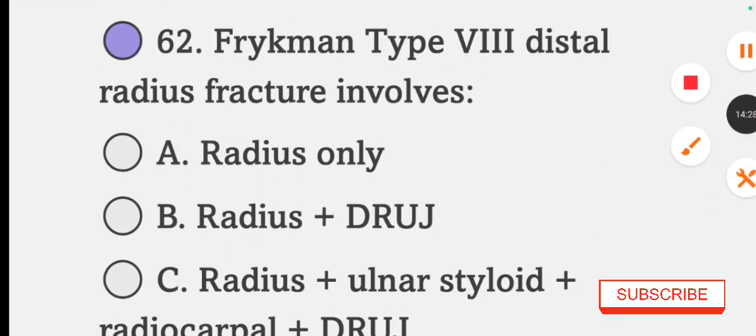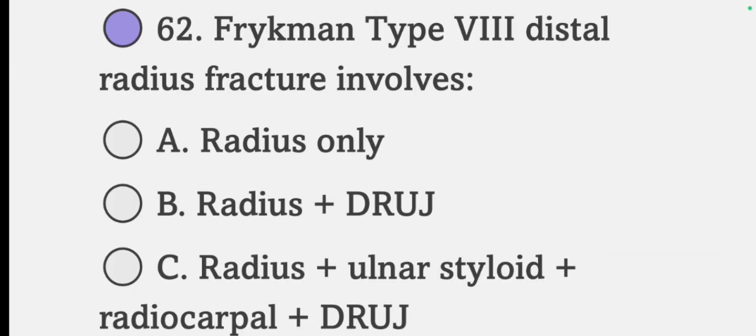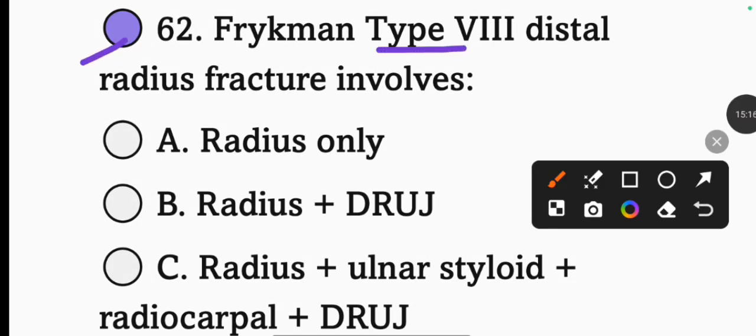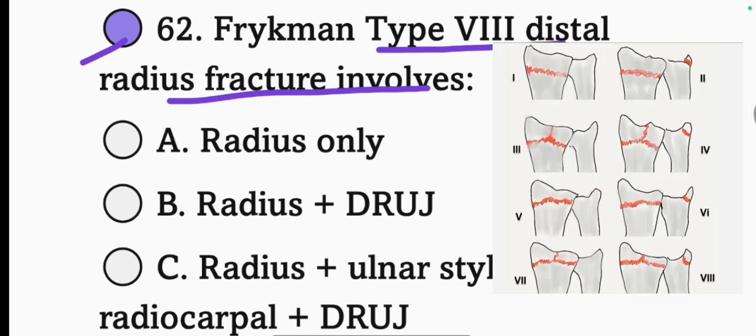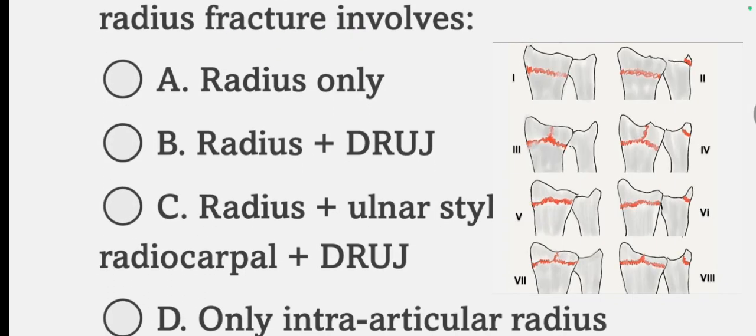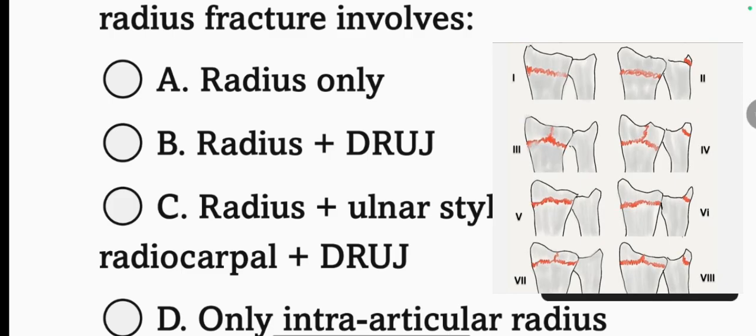Now come to 62. Fernandez type 8 distal radius fracture involves. It's a very important MCQ, Fernandez classification. Fernandez classification is based on radiocarpal joint involvement, distal radioulnar joint involvement and ulnar styloid involvement. So the correct option is C: radius plus ulnar styloid plus radiocarpal plus distal radioulnar joint.